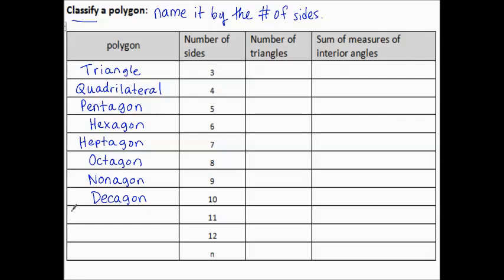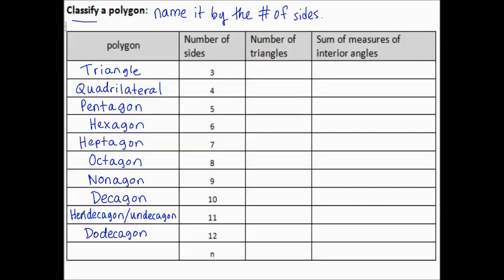11 sides can either be a hendecagon or undecagon. 12 sides is a dodecagon. Do for 2, so 2 sides added to a decagon, kind of like how 11 is hendecagon.